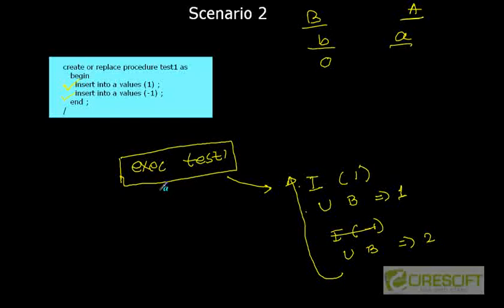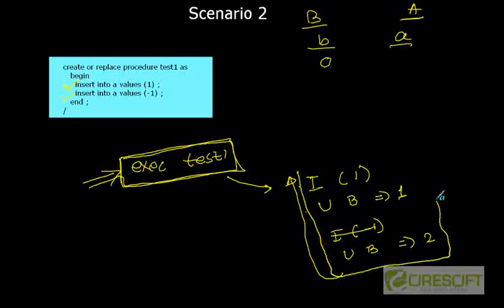The reason is that if test1 is to be successful, it is going to run in its entirety. It's not that part of it runs and part of it doesn't. The moment we give execute test1, it generates all these SQLs, and all these SQLs together should be successful.